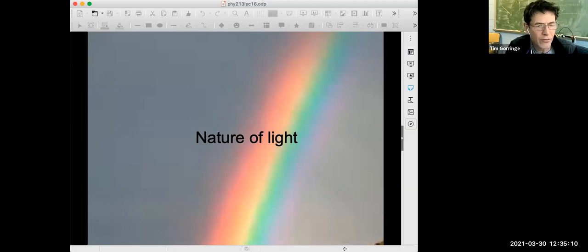So if I think of the ocean, I think of water waves. I think of sound, I think of sound waves. If I think of a football or a basketball, I'm thinking of sort of particles, objects. But light actually exhibits both particle-like properties and wave-like properties. So let's take a look at that.